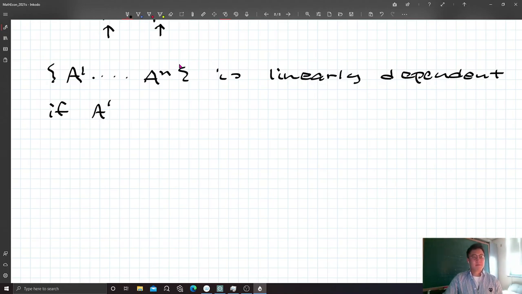So that means there are some non-zero numbers x2, x3, and all the way to xn.